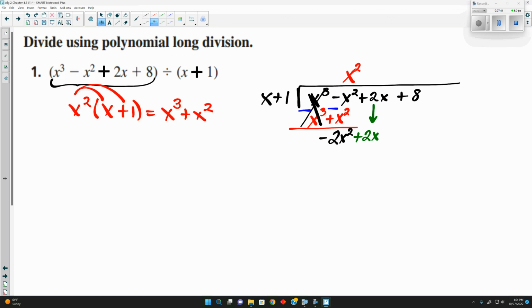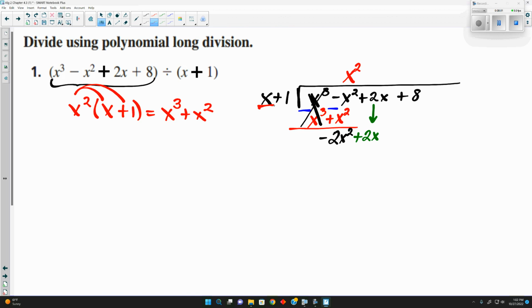At this point, we repeat the process. We're essentially restarting what we just did, but instead of seeing what times x will give us x to the third, we're trying to see what times x will give us negative 2x squared.